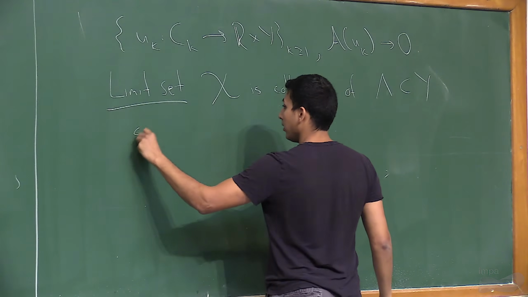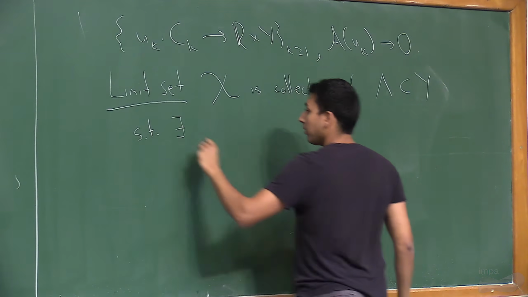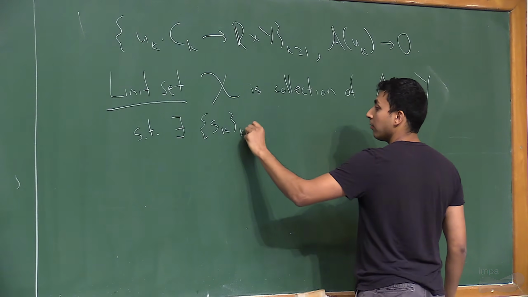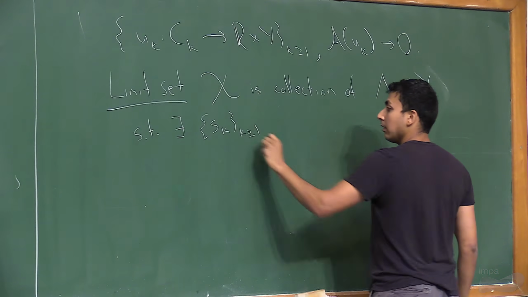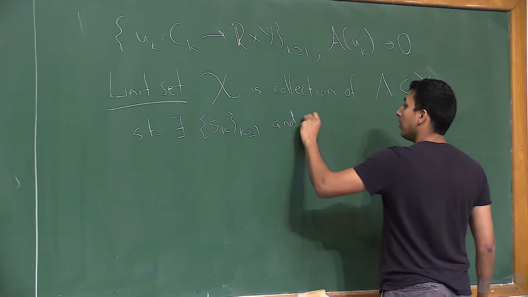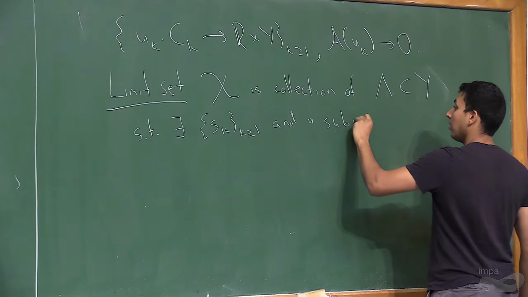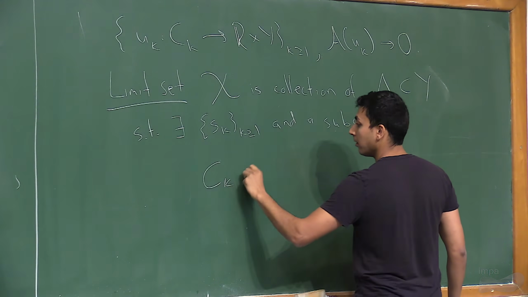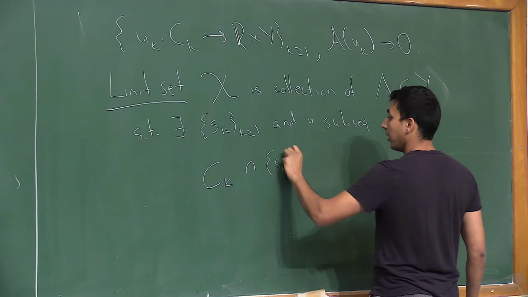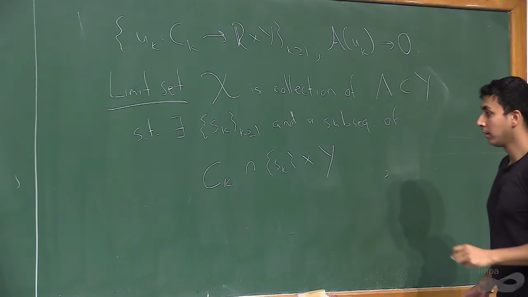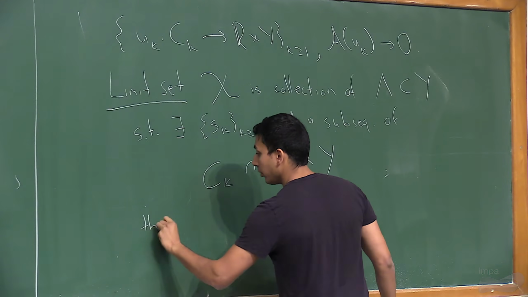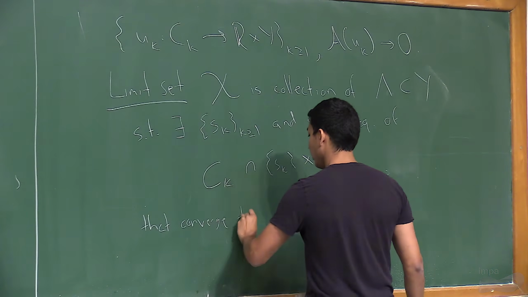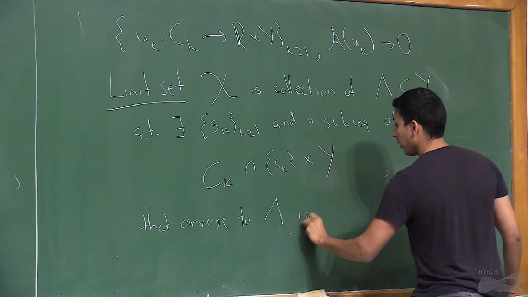So there exists a sequence of real numbers s_k and a subsequence of the resulting level sets. So this is C_k intersected with s_k cross Y that converge to lambda in the Hausdorff topology.